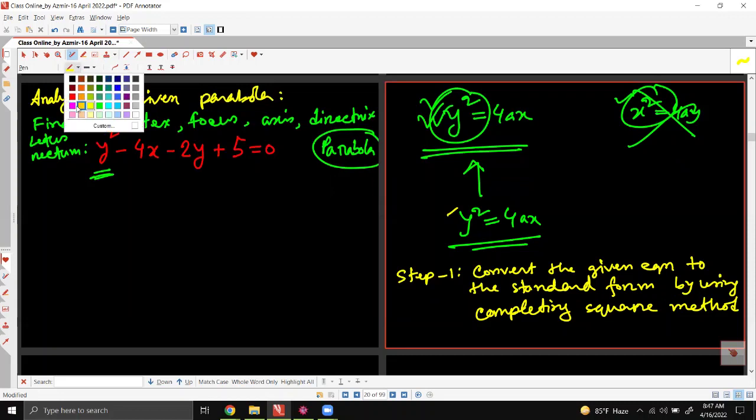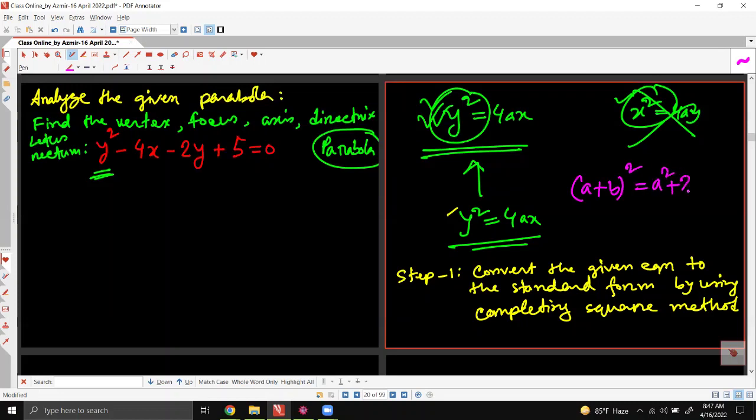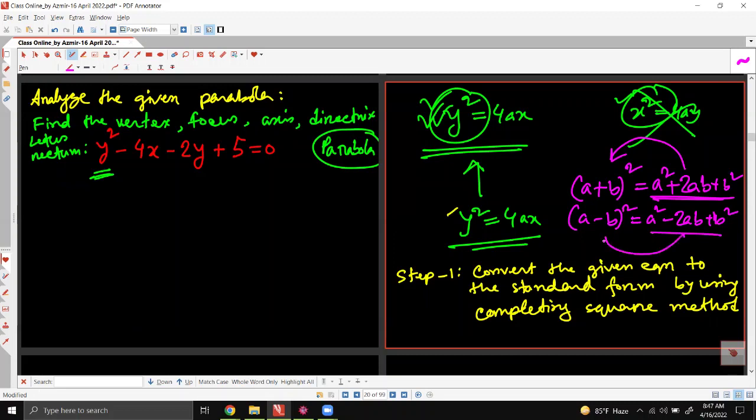So what is completing square? You know that if we have a plus b squared, then we know the formula is a squared plus 2ab plus b squared. Similarly, a minus b squared equals a squared minus 2ab plus b squared. So this is known as completing square method. We need to write a squared plus 2ab plus b squared to a plus b squared form. Similarly, this one.